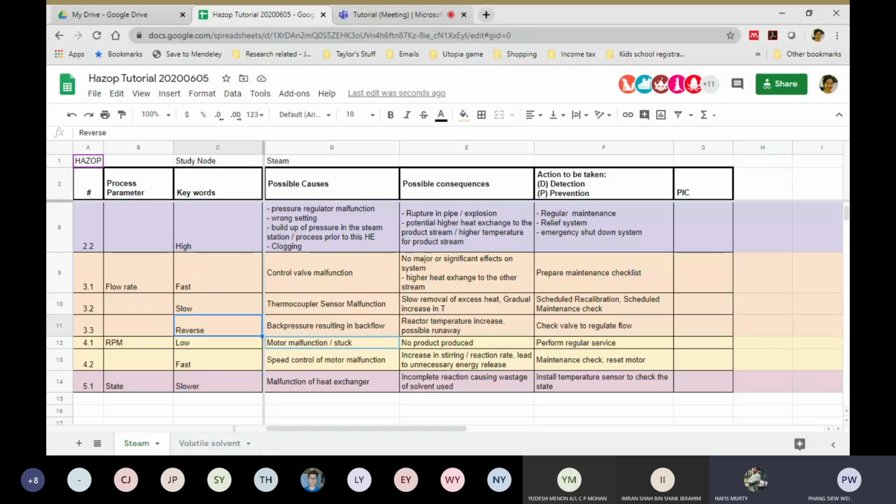Okay, there's a possibility there. That's a good one. So no product produced. Sorry, the reactor temperature increase. To which reactor? Or are you talking about the steam?